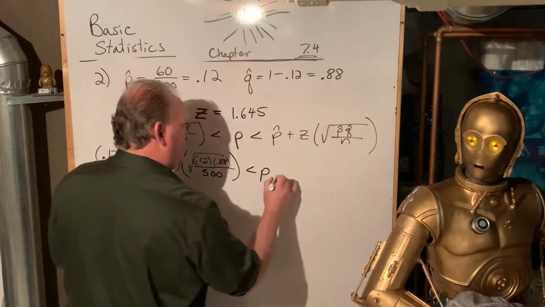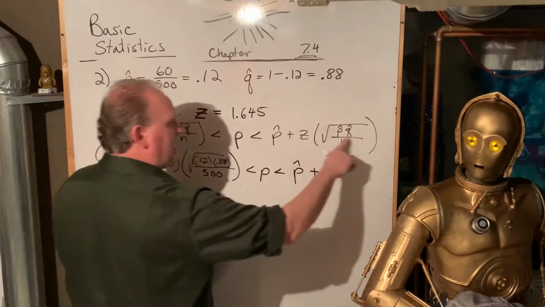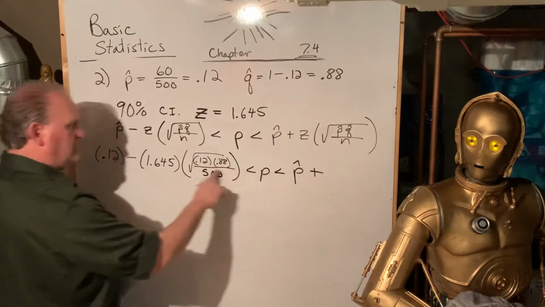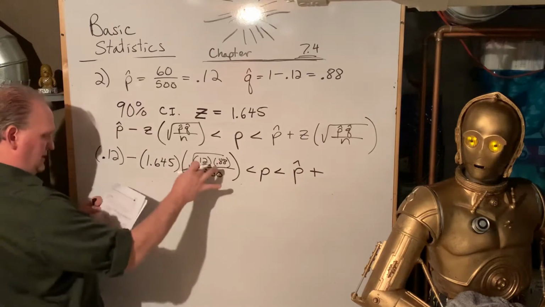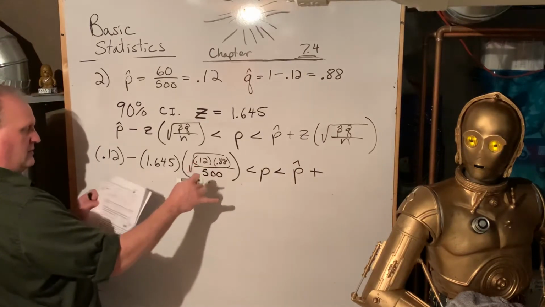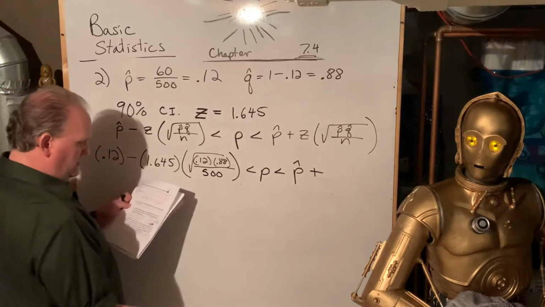It's less than P, which is less than P hat plus, now instead of writing this all out again, let's calculate this. This is our margin of error. So to calculate this, you're going to want to figure this out first. So you're going to want to do 0.12 times 0.88 divided by 500, take the square root of that.